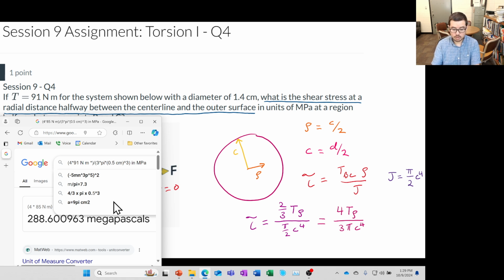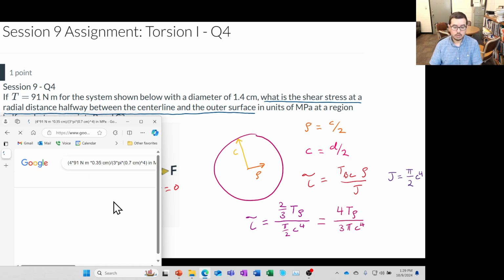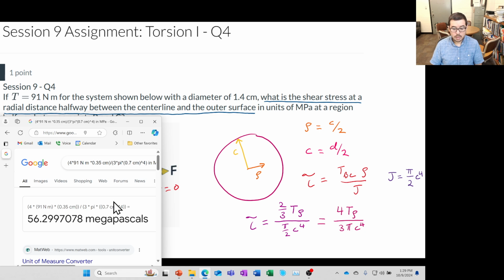The radius is going to be 0.7 centimeters, and half of that is going to be 0.35 centimeters, and I'll go ahead and put it in like that. And the radius is 0.7 centimeters in this case, because the diameter is 1.4, and this needs to be raised to the 4th. Okay, so I think that all looks good. If not, let me know in the class. And what do we get? We get about 56 megapascals.